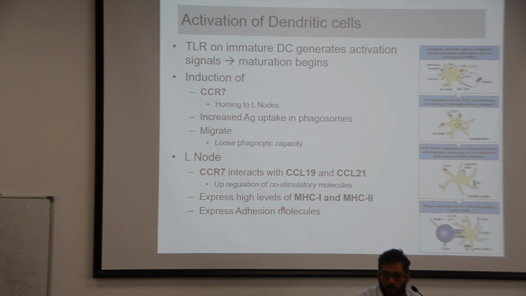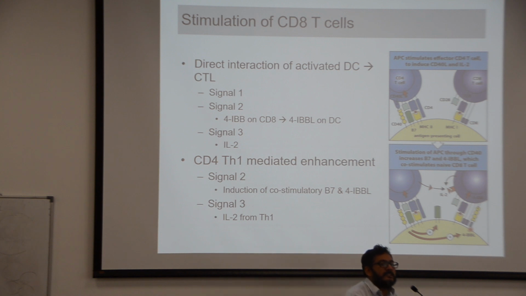Now, when the antigen presentation kicks in, what happens in the context of a CD8 T cell? We discussed CD4 already, right? CD8 T cell again requires three signals. Signal 1 coming through the peptide MHC interaction and CD8. Then it needs signal 2.